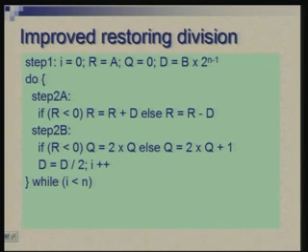So, now of course, I have not yet eliminated 2 steps, I still have 2 steps, but I have just taken care that restoration is postponed. Okay. So, in each iteration you are doing only one addition or a subtraction.